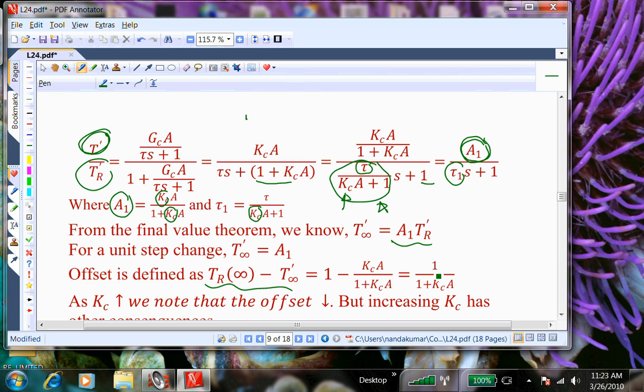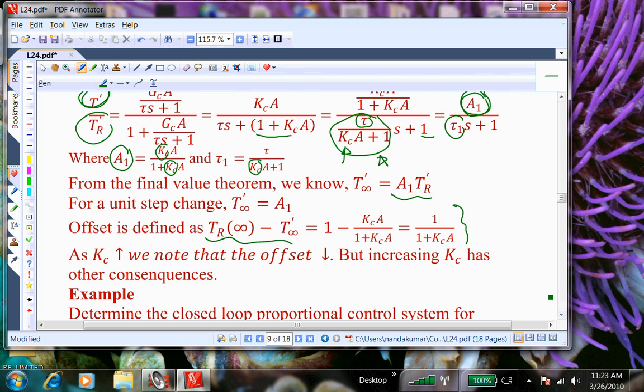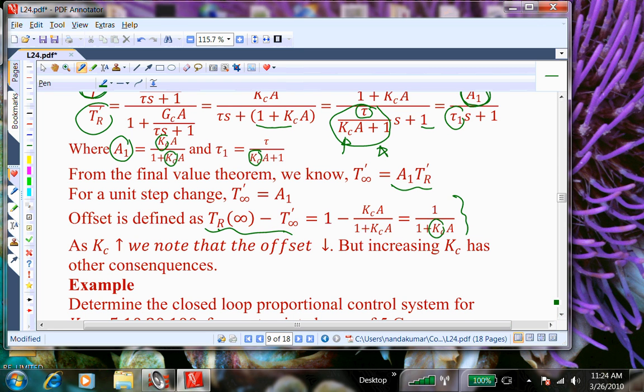So the offset is 1 divided by 1 plus Kca. So the offset is always going to be there when you have only proportional action. Analytically you can show that only for first order systems. And the only way to decrease the offset to 0, offset, remember, is the difference between the set point and the final steady state value, is by making Kc infinitely large. If Kc goes to infinity, then you can reduce the offset to 0, but it will make the system unstable.